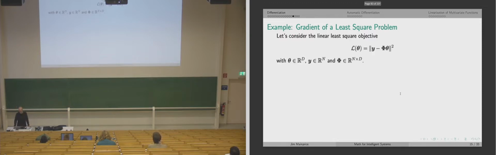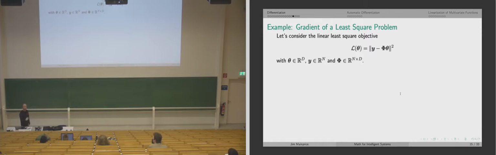So let's consider the objective that linear regression is actually trying to solve, or the least square objective. So here we have linear least square. Least square simply means that we are trying to minimize the square norm between whatever is the target and some function of the parameters.